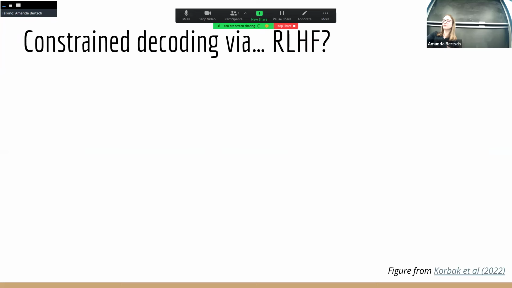I want to touch on something slightly different, which is that maybe one of the constraints we care about is something a little more nebulous, like we want to match human preference. The way that we usually accomplish this constraint is a little bit different, right? This we usually do through reinforcement learning from human feedback.